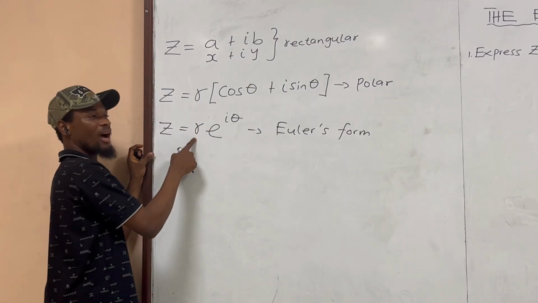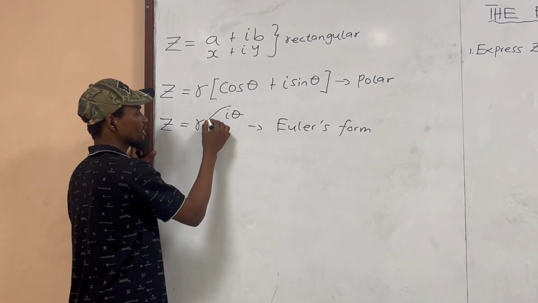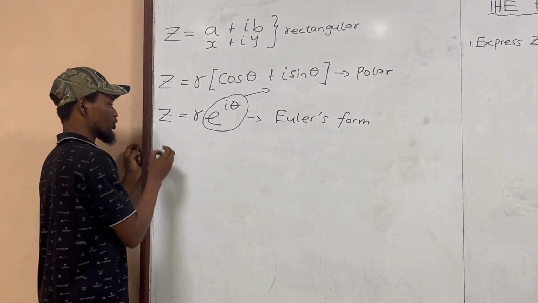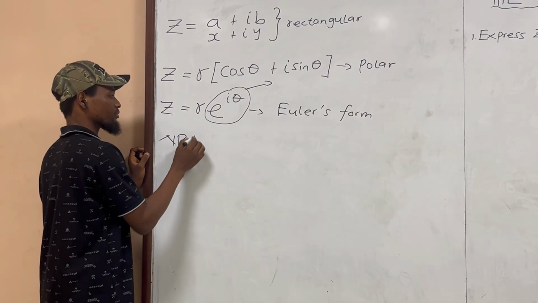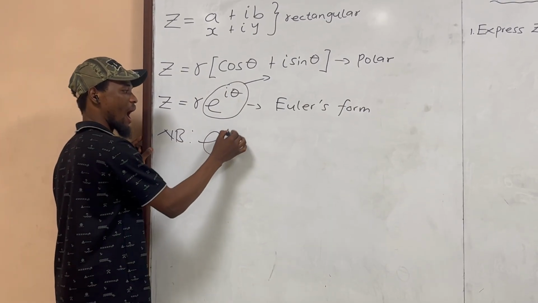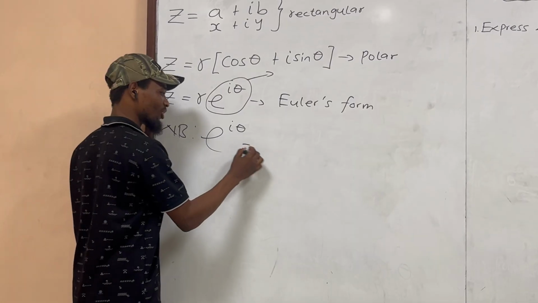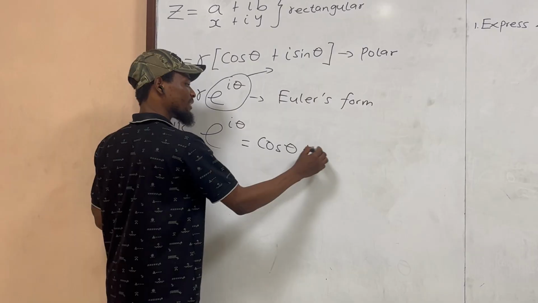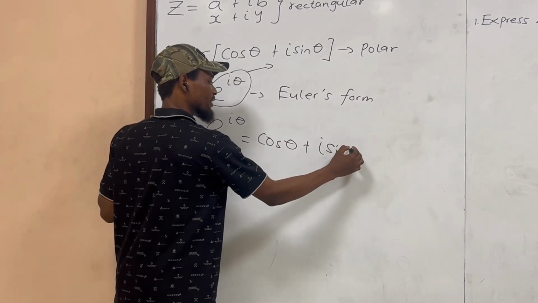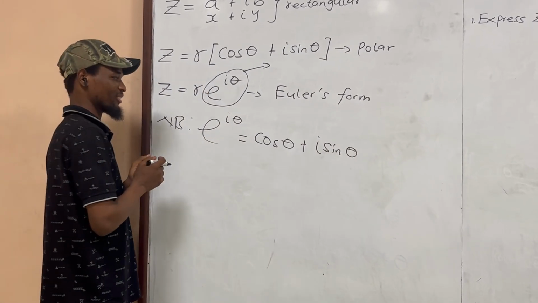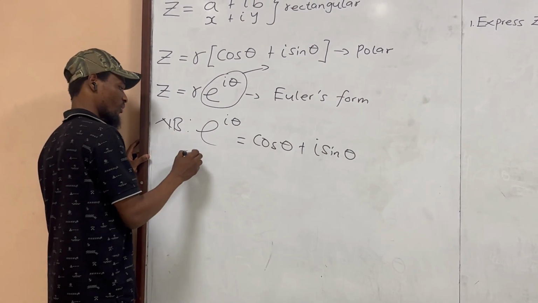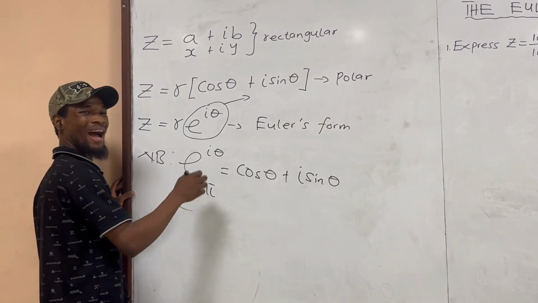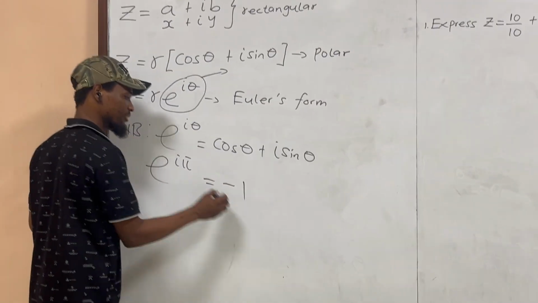So r equals r, and therefore I can say that e to the power i theta is equal to cos theta plus i sin theta. Again, e to the power i pi, or pi i, is equal to -1.